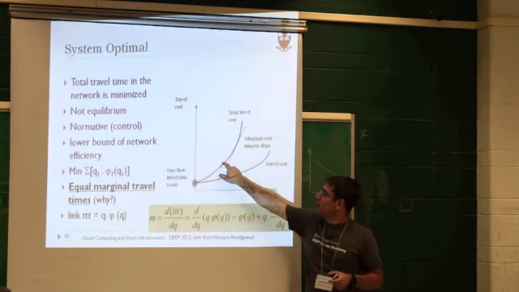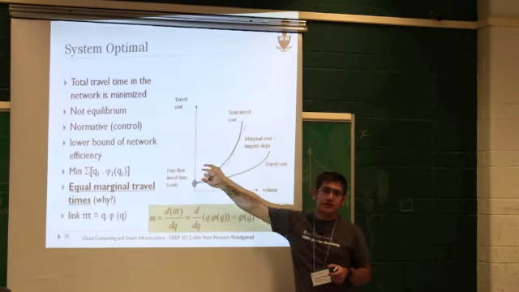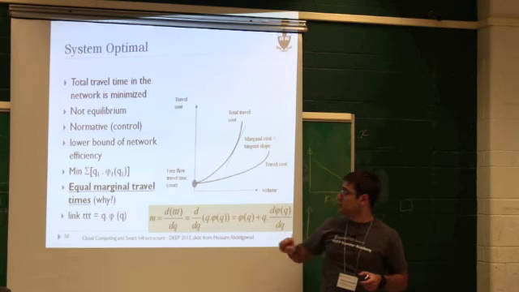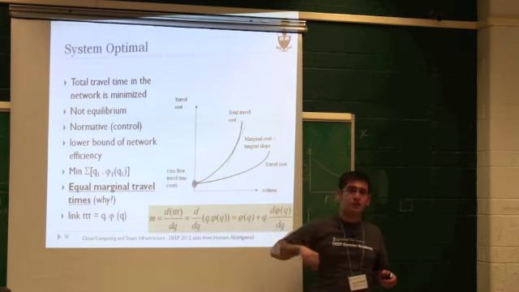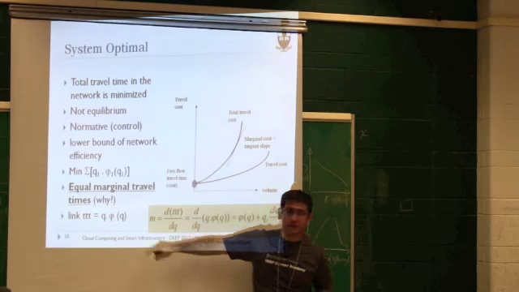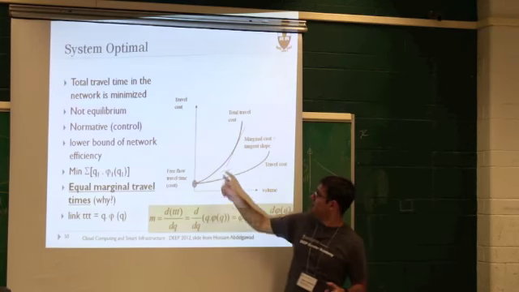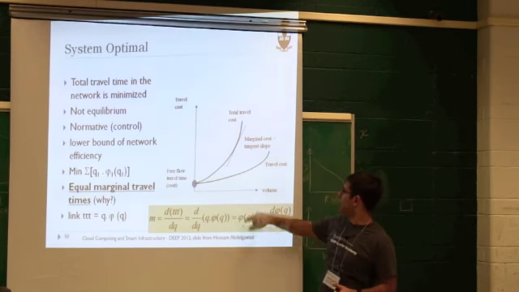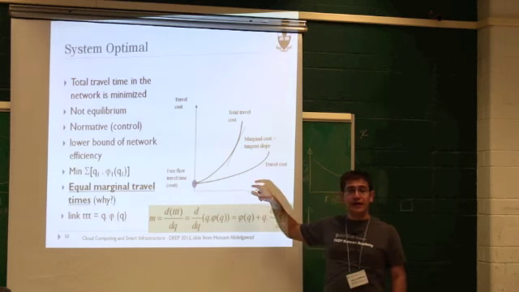The point that I got, what is it? The travel cost of one vehicle. So what is the travel time for the vehicles on that road? It's equivalent to the number of vehicles, so 100 times the travel time that I got there. And I do the same thing for the other link.